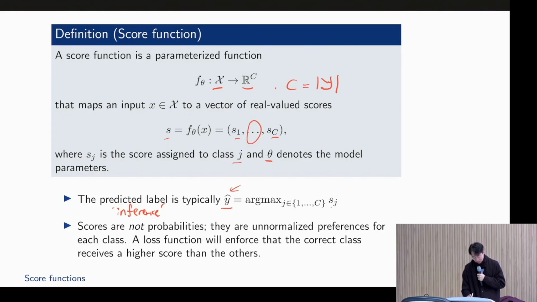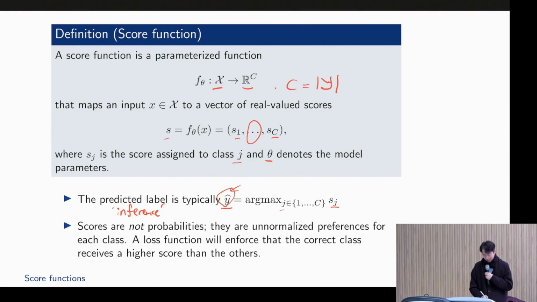So you take this vector, and if you take the argmax, that's going to be your predicted label. In other words, you want the score for the ground truth class to be higher than the score assigned to other classes. That's the goal, or that's an ideal score function.